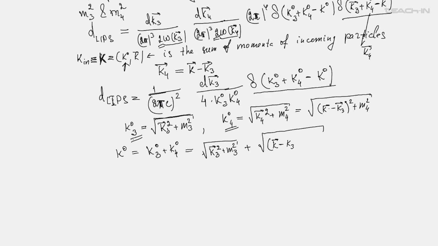And this formula you can consider as a constraint on the possible values of k3, which comes from the conservation of energy and momentum. That's simply what is written down here: a formula which describes conservation of energy and momentum. This comes from the conservation of momentum, and then the equation itself, the sum of these two square roots equal to k0, is conservation of energy. Nothing more than that.